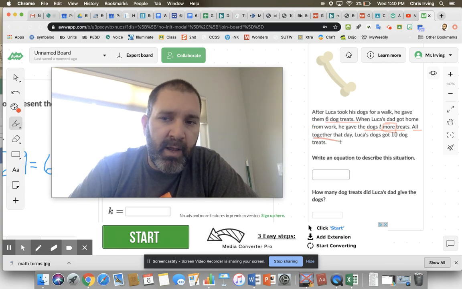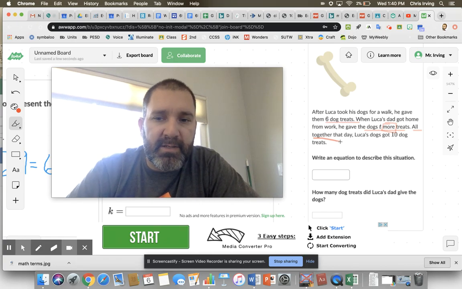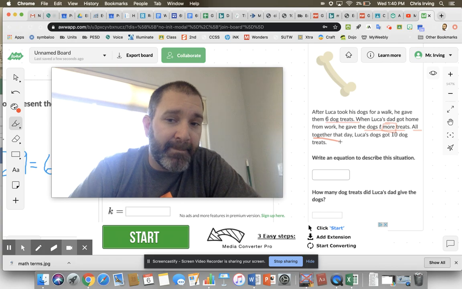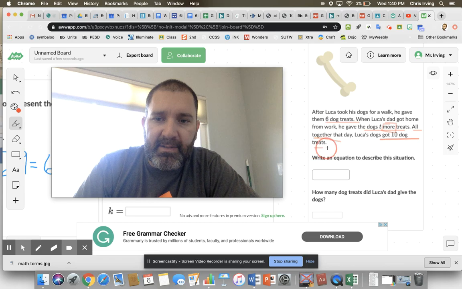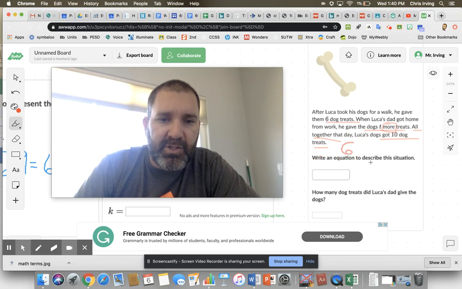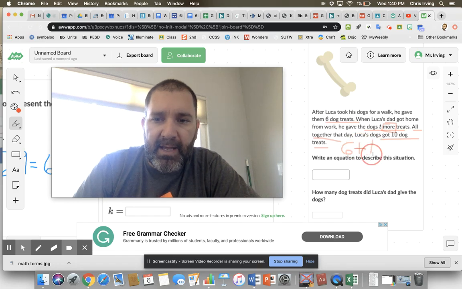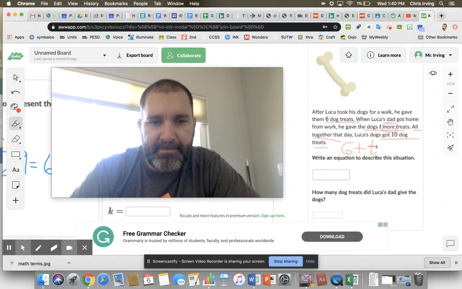The word more and the phrase all together, both of those are huge indicators that we're probably going to be doing some adding here. It says that all together that day, his dog got 10 treats. So after the first walk, the dog got 6 treats. Later on that day, we added some more treats. And then at the end of the day, all together, he received 10 treats.